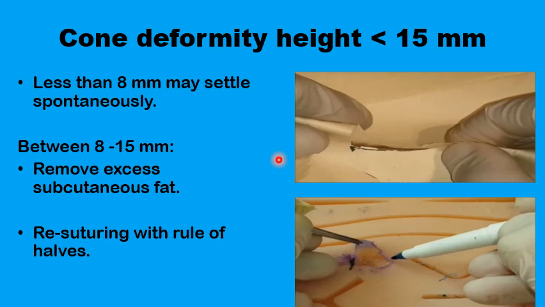But if it is larger than 8 millimeters but still less than 15 millimeters, something may have to be done, and that may be just excision of excess subcutaneous tissue, fat and subcutaneous tissue, and perhaps opening up few sutures and trying to resuture them with the rule of halves, and that may distribute the excess skin at the corner along the wound edge and the dog ear may then resolve.